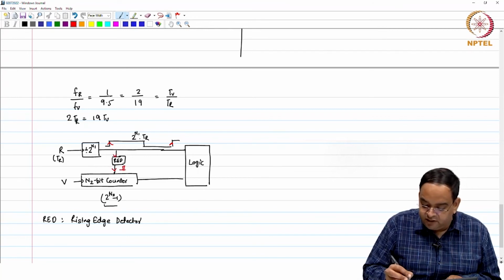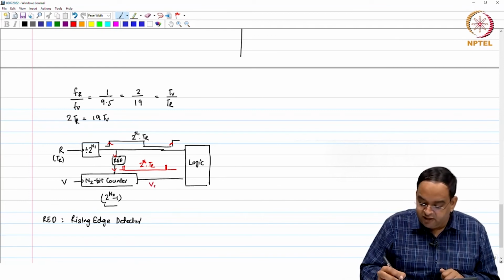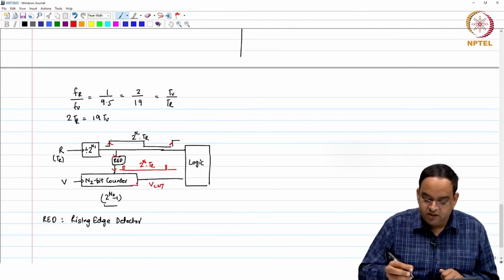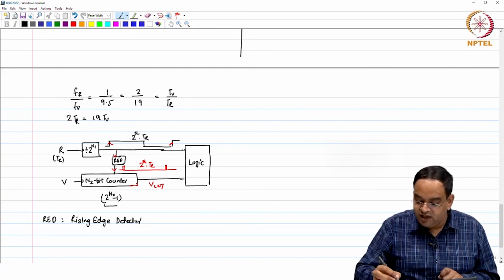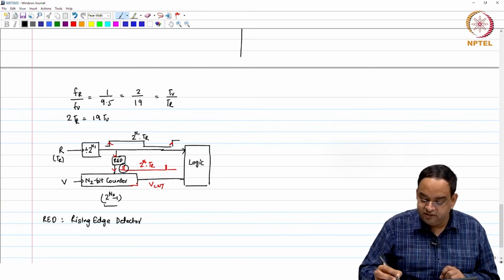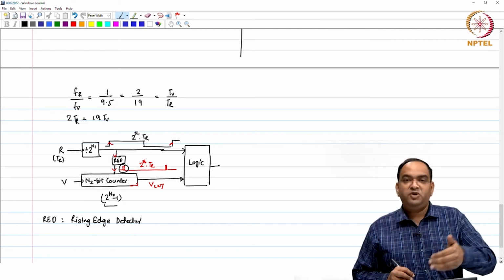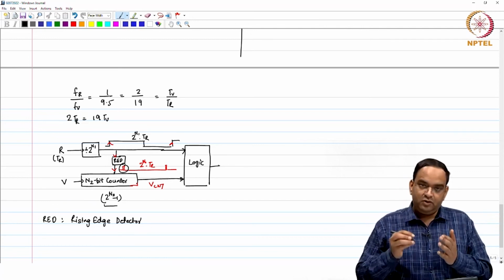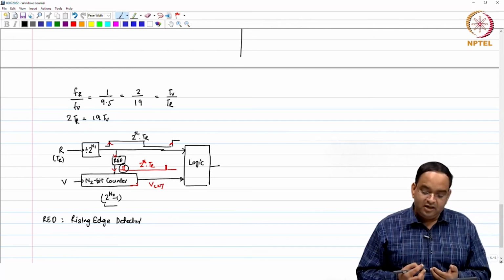These pulses are generated at the rate of 2 power n1 times TR, and whenever the rising edge detector goes high, you pass the V count signal to the logic. Then you look at the previous count value and the current count value.